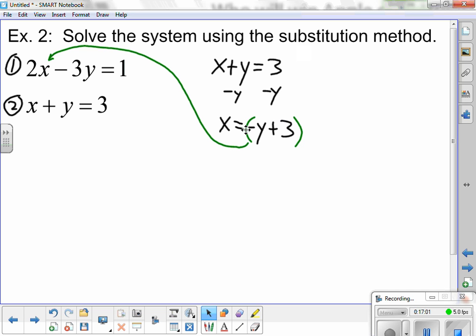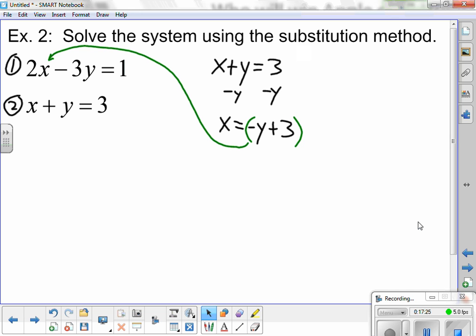So this whole group of stuff goes in for the x right here in the other equation. Don't plug it back into the same one you just worked with. That'll mess up. So you have to put both of them in the mix. You work with the second one and then plug it into the first one. If you work with the top equation first, then you'd plug whatever you got into the second one. So you have to mix them up like that.